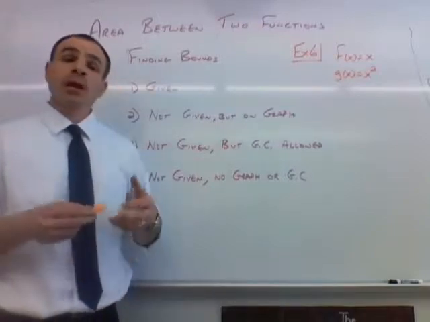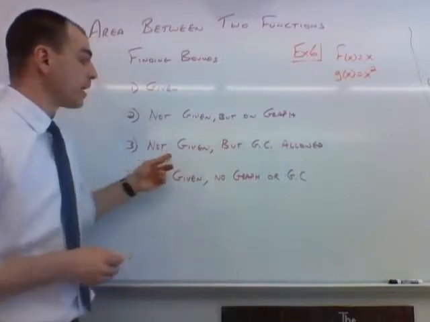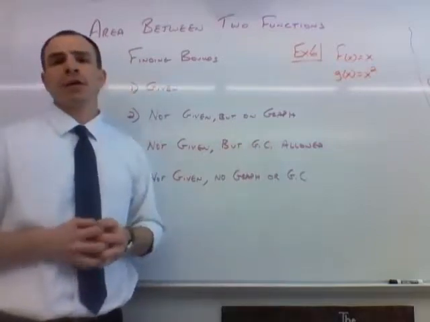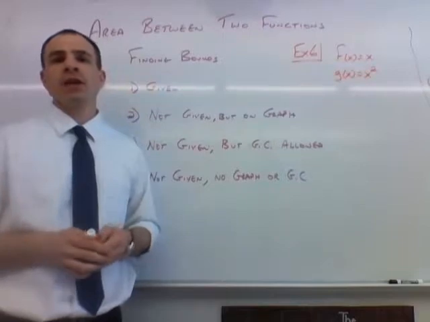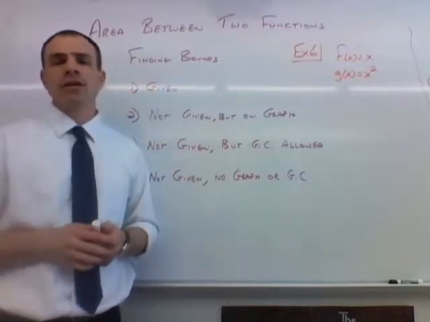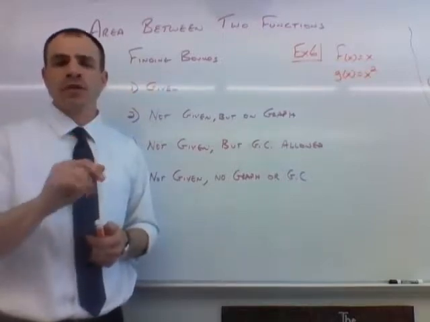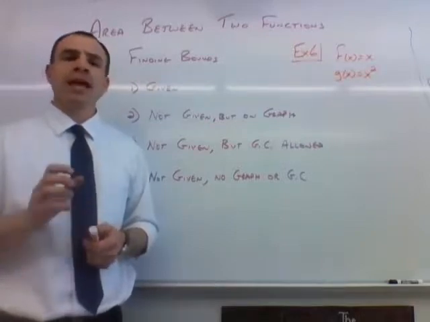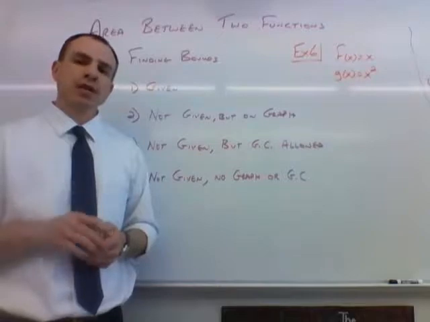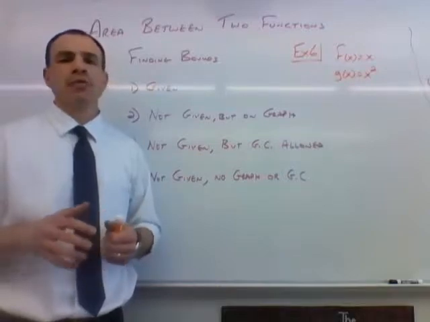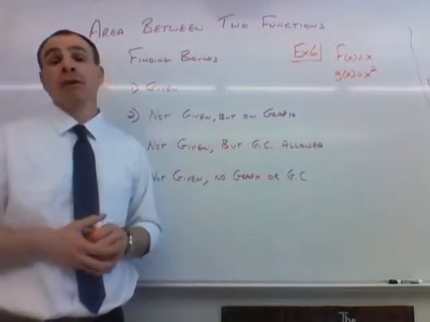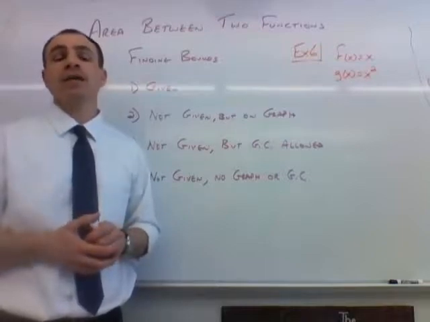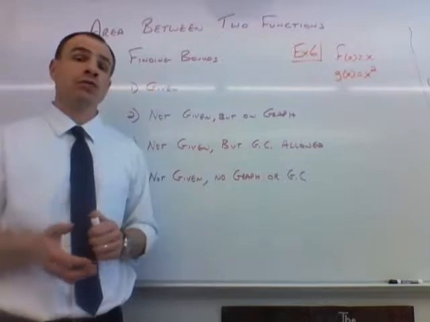Another possibility is that the bounds are not given to you. However, you do have your graphing calculator available to you. On the TI calculator, if you enter the two functions in y1 and y2, or y2 and y3, whatever works for you, and you hit second trace, that command pulls up the calculate menu for graphing, and option number 5 is to find the intersection of two functions.